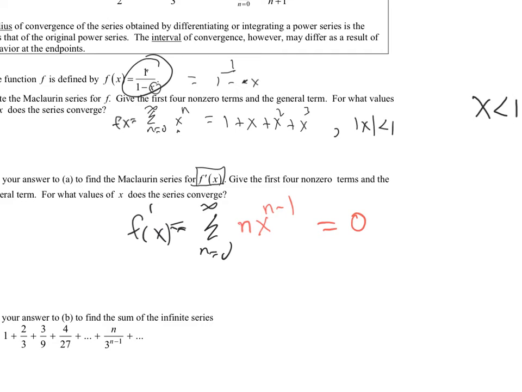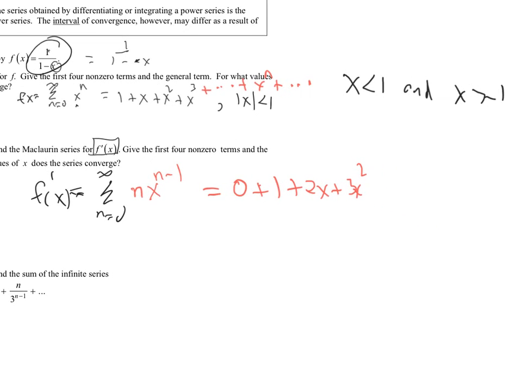He did say find the first non-zero terms and the general term. So back up to here, I probably could have still added plus dot dot dot plus x to the n plus dot dot dot. Anyway, 0 is the derivative of 1, and 1 is the derivative of x, 2x is the derivative of x squared, 3x squared is the derivative of x cubed.